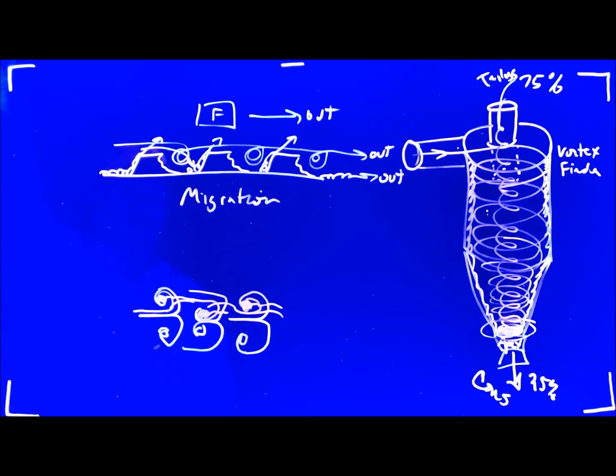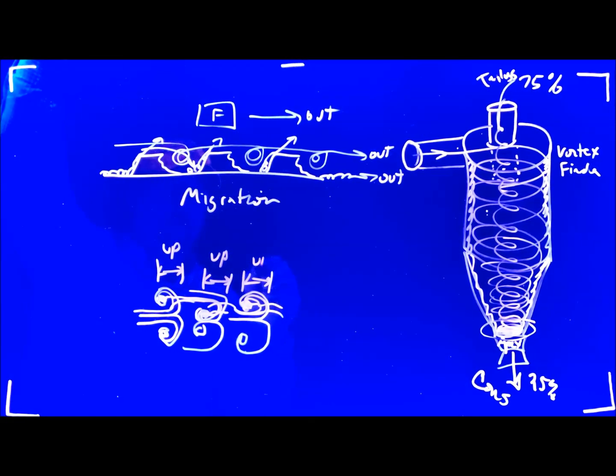Every one of these cells, what did we do with the material that came into the cell? Material came in, moved up. Here's the distance. Came in, moved up. Here's the distance. Came in, moved up. Here's the distance. On every one of the cells, up, up, up.